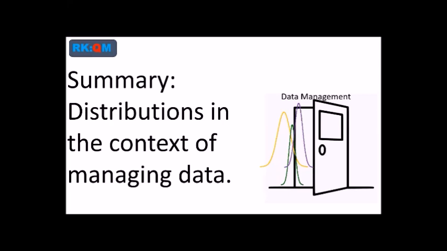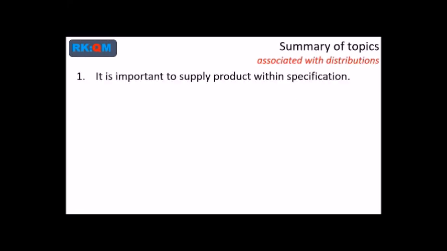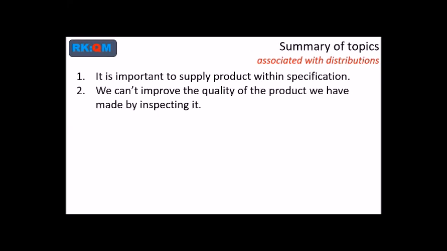So, summary of distributions in the context of managing data. If you are supplying any product which is regularly out of tolerance, what's the point of the specification? Even 100% inspection will not make defective product good.